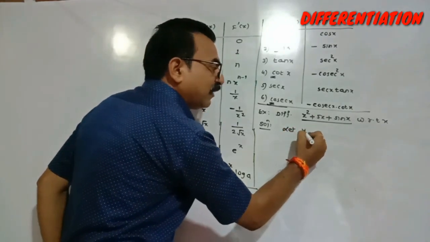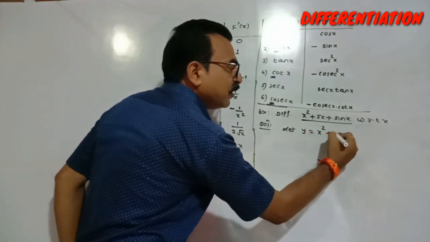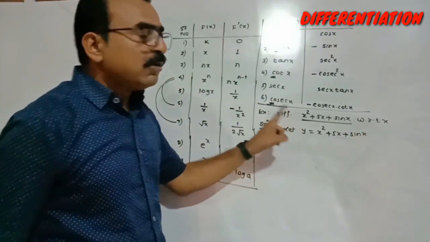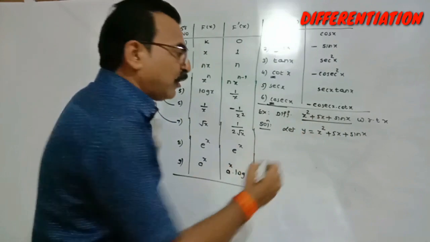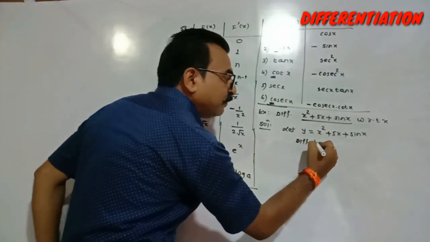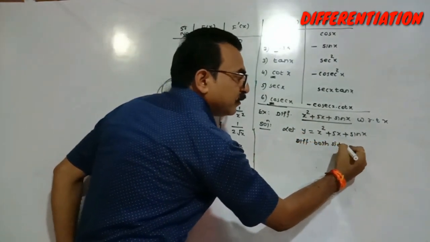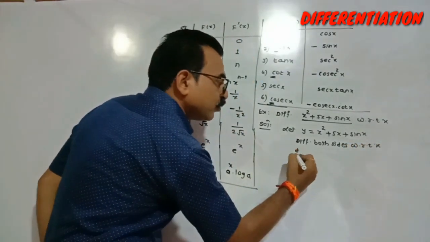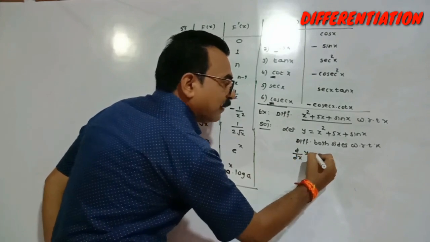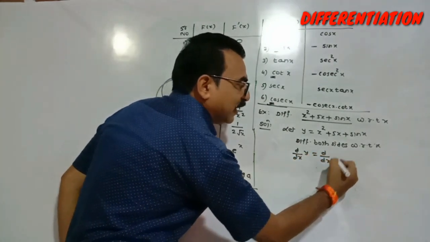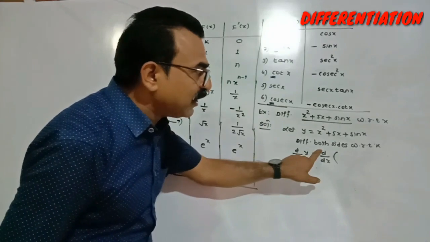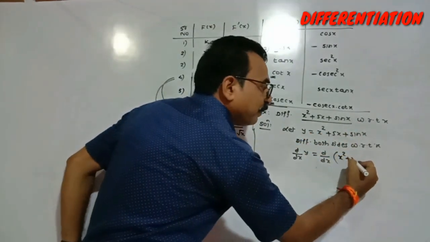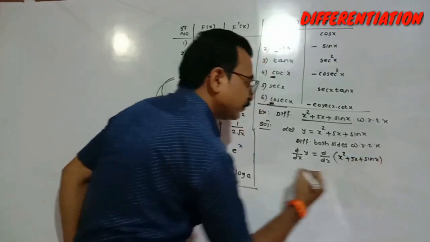So write down, let y is equal to x square plus 5x plus sin x. Now differentiate this function with respect to x. Write down differentiate both sides with respect to x. So dy by dx is equal to d by dx, which means derivative of this function with respect to x, of x square plus 5x plus sin x.